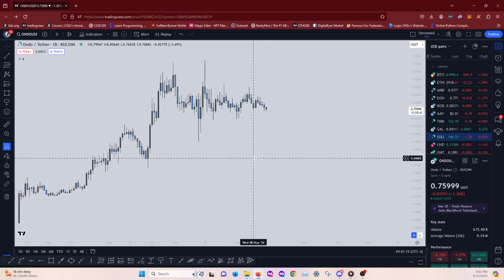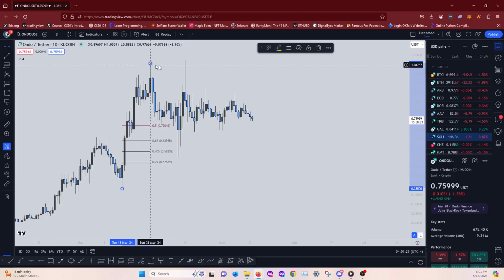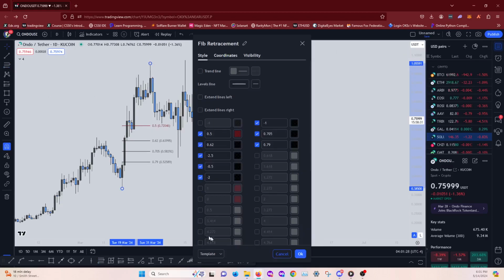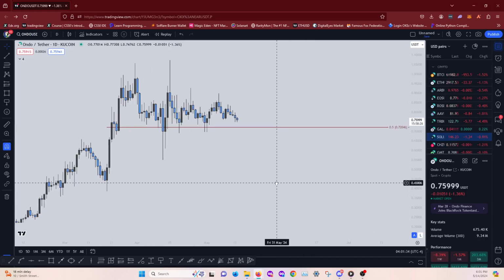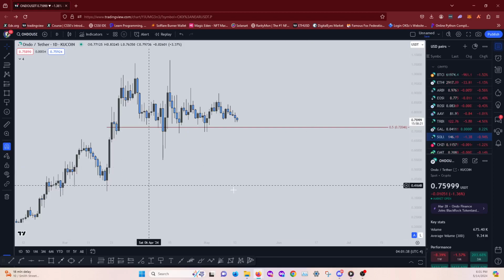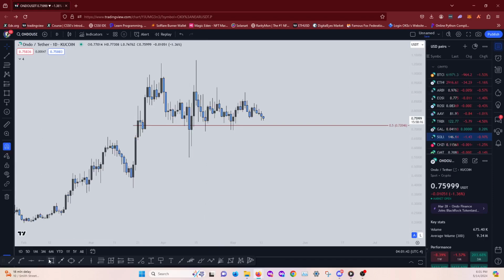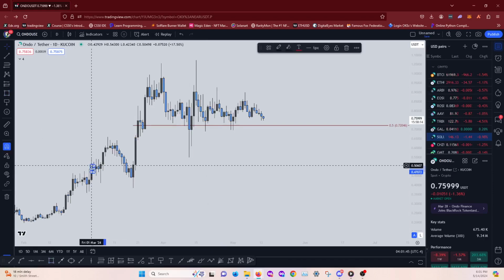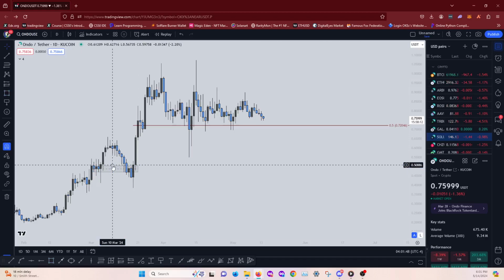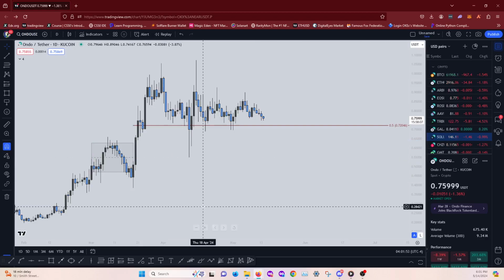So if we pull from this low to this high to get an external range equilibrium, we're currently trading at the premium of range equilibrium of the external range. What makes this an external range? Let's talk about that again, just in case you guys need a reminder. So you have consolidation. This is the consolidation. We're not trying to find a range within there.